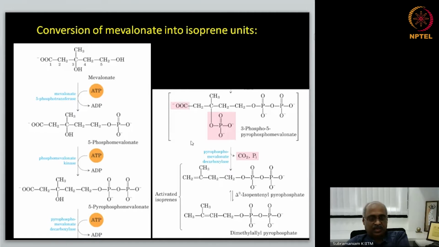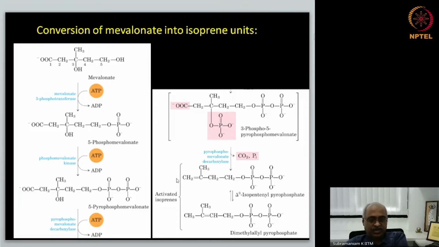And this decarboxylase enzyme then removes this carboxyl group here, as well as it cleaves this phosphate, generating isopentenyl. So the pentenyl is because of this double bond, iso because this methyl group is not part of the linear chain, pentenyl because it's a 5-carbon. So if this is fully saturated, you would have called it isopentane.